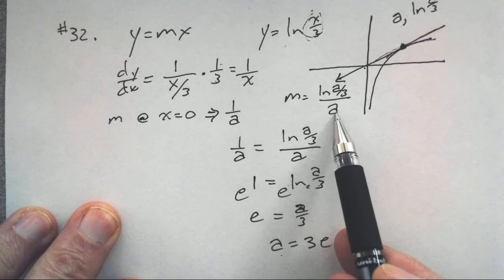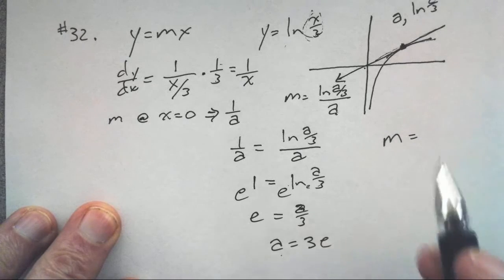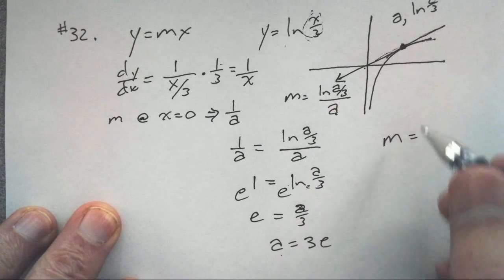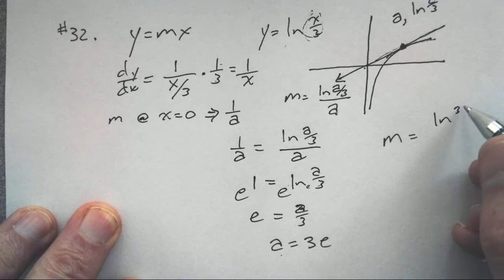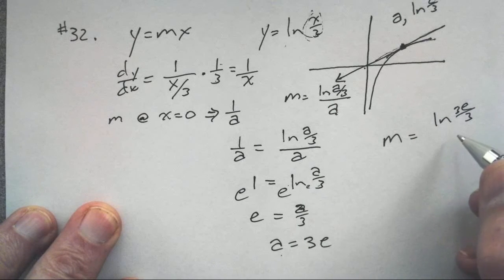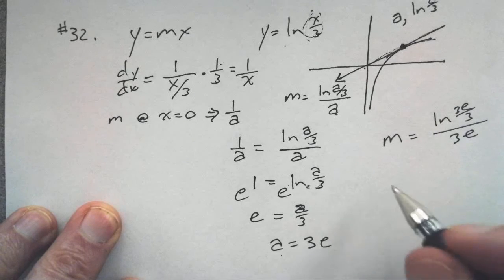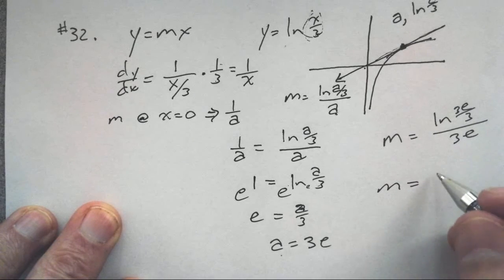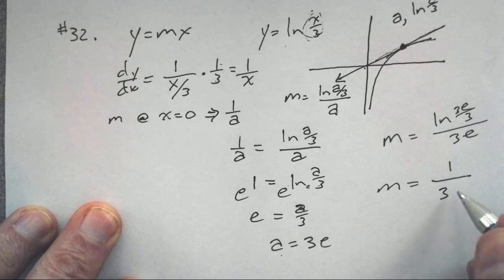Slope formula for a would be slope equals ln(a/3)/a. A is 3e, so that would be ln(3e/3) all over 3e. So our slope is ln(e) over 3e, which is 1/(3e).